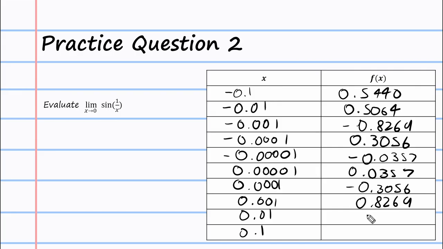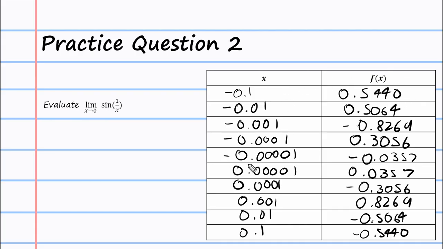At x equals 0.01, f of x equals negative 0.5064. And at x equals 0.1, f of x equals negative 0.5440. All right?